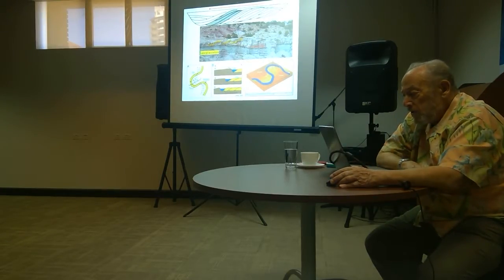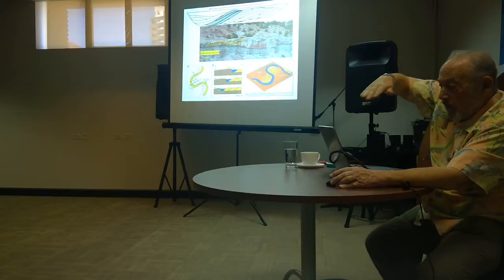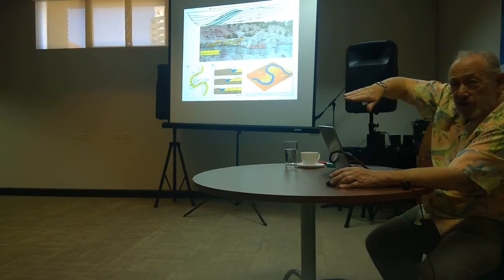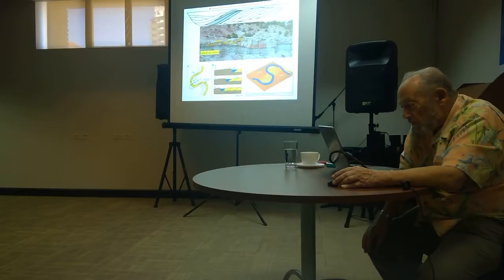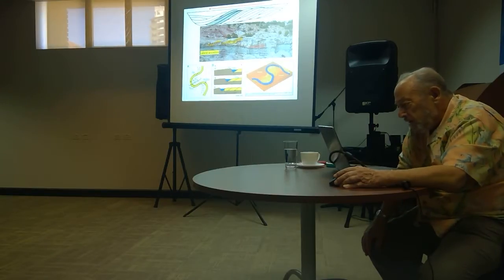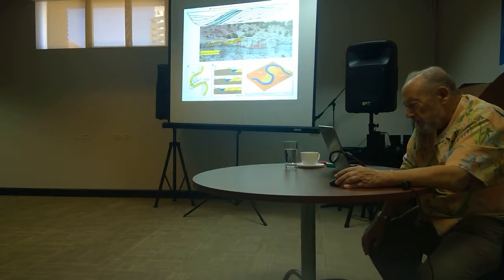Now, if you were looking straight down, say on a seismic surface or the ground surface, what these lateral accretion beds would look like in that view would be something like what you see down here.